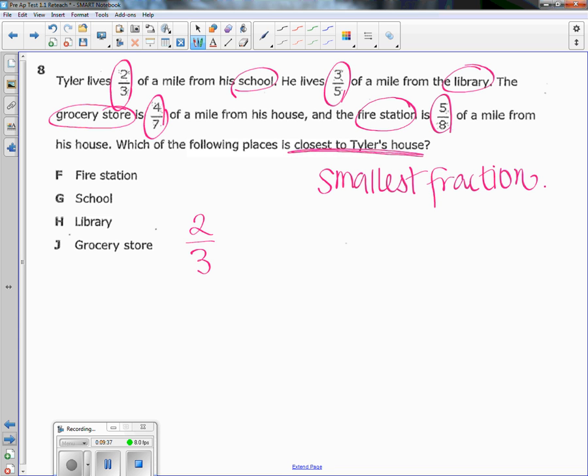So I have 2/3. 2/3 is the distance from the school. And then we have 3/5. And 3/5 is our distance from the library. And the grocery store is 4/7. And then we have the fire station is 5/8.